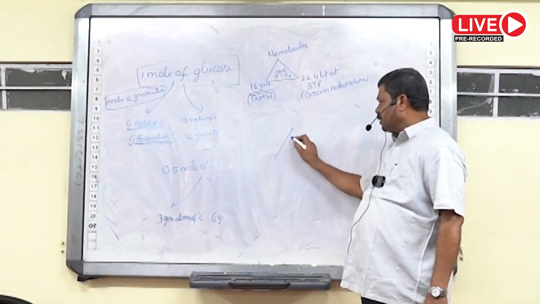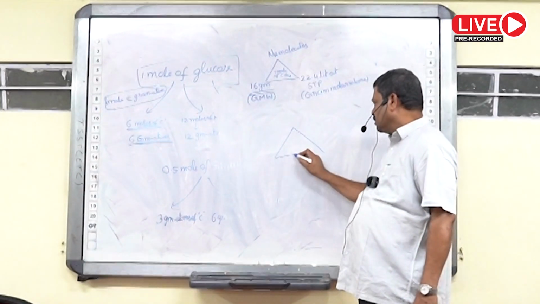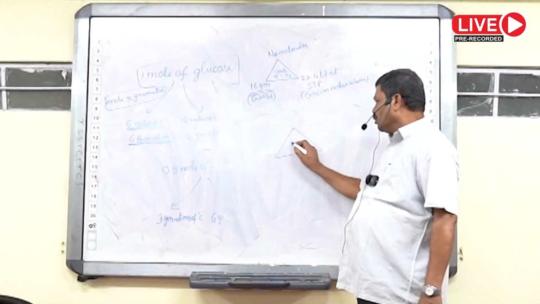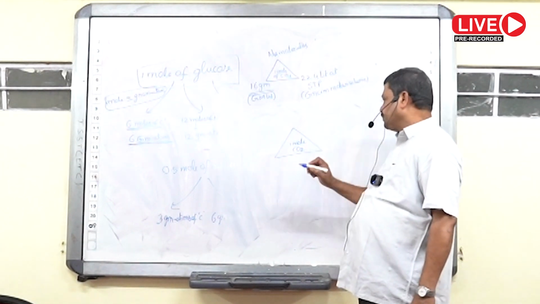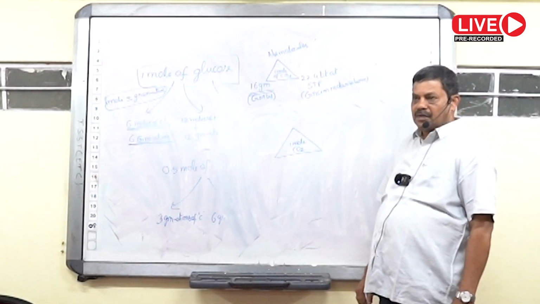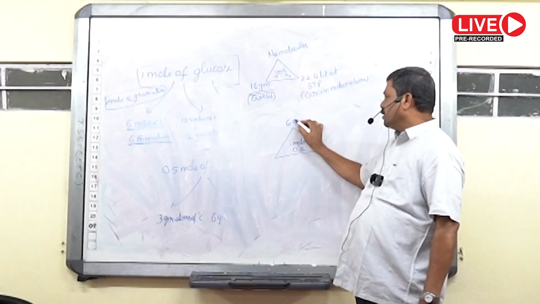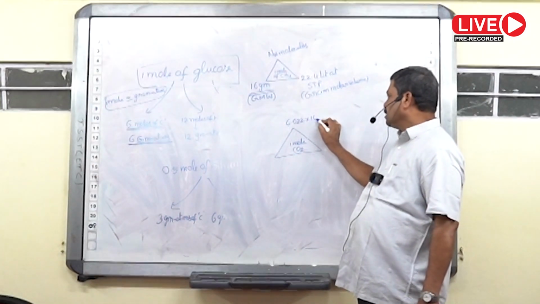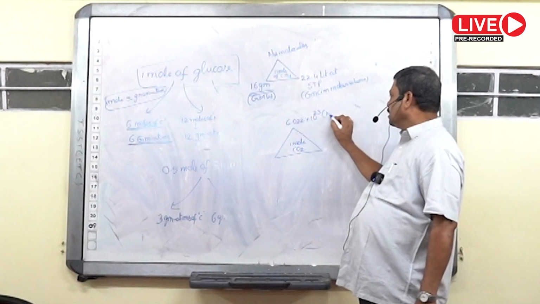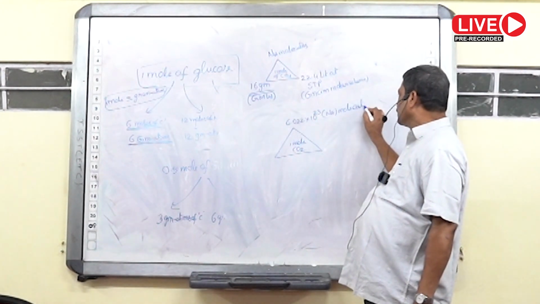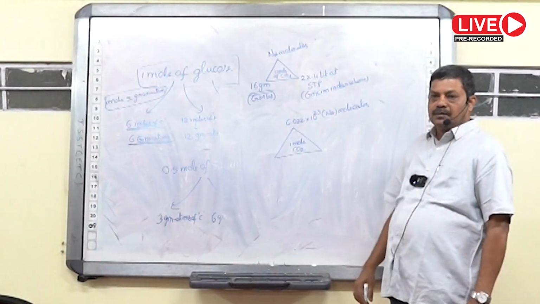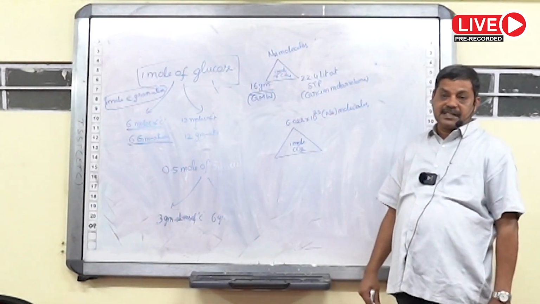One more mole triangle, simply I write 1 mole CO2, which is equal to how many molecules? Na molecules. CO2 is also a gas.